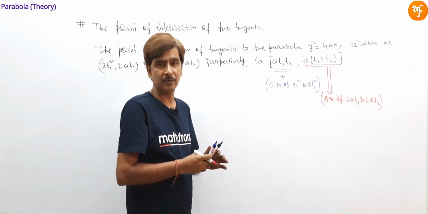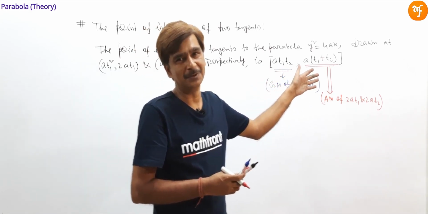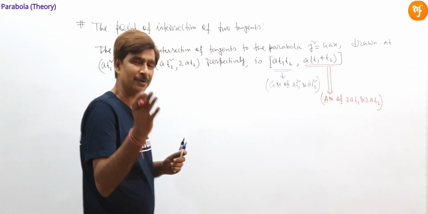Now we will prove how this point of intersection becomes (at1t2, a(t1 plus t2)). Okay, so look how to prove.